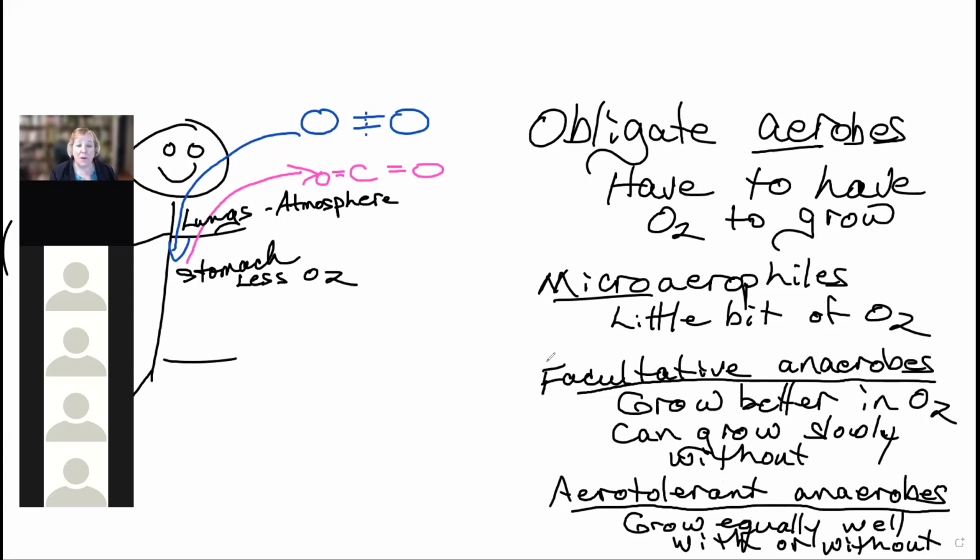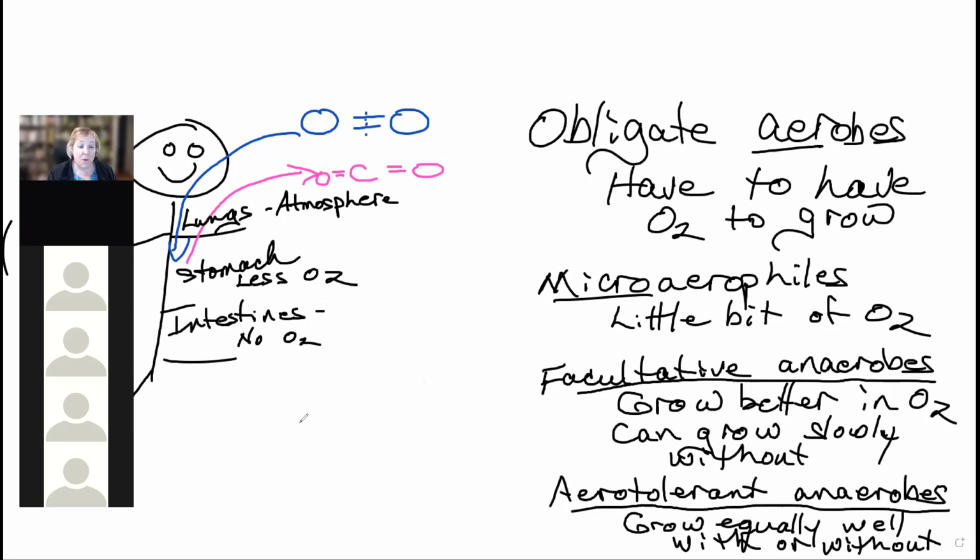In the human body, especially in the intestines, we have a combination of facultative anaerobes and aerotolerant anaerobes, because in the intestines there is effectively no oxygen. Any oxygen that your cells in the intestines are getting is coming from the blood. That's my story and I'm sticking to it. Now, there are also microbes that won't grow in oxygen or are killed by it.